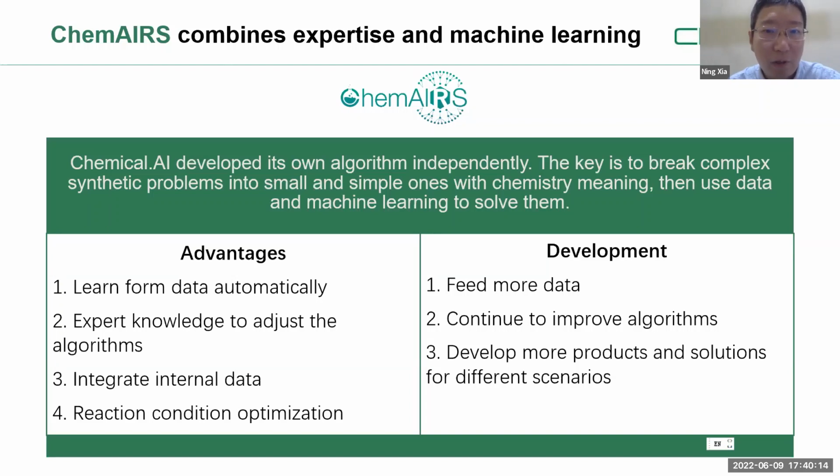All rules in our algorithm are learned from data automatically, but it's not a black box, it's a red box. We use expert knowledge to adjust the algorithm to tell it how to learn from data and how to extract rules. So the system is totally interpretable and it is easy to do reaction condition optimization work.